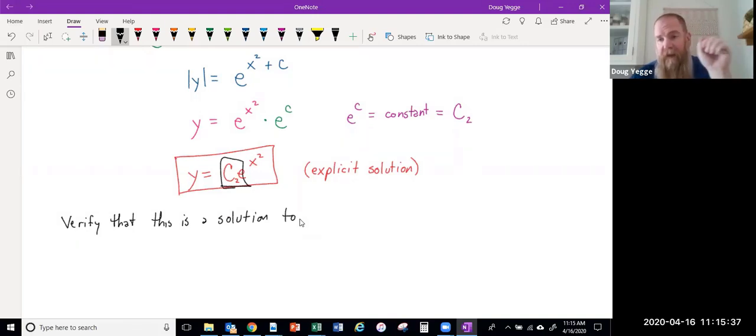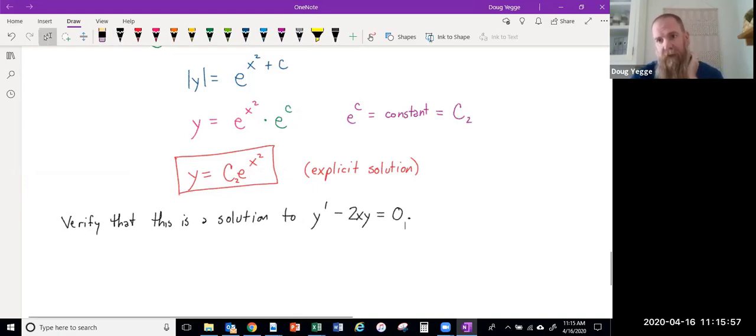So 3e to the x squared is a solution, 5e to the x squared is a solution, negative pi e to the x squared is a solution. No matter what the constant is, it's a solution. We have 2y prime minus 2xy equals 0, so we just want to verify that this is in fact a solution. Okay, so I'll throw you into your rooms and call you back in a minute.